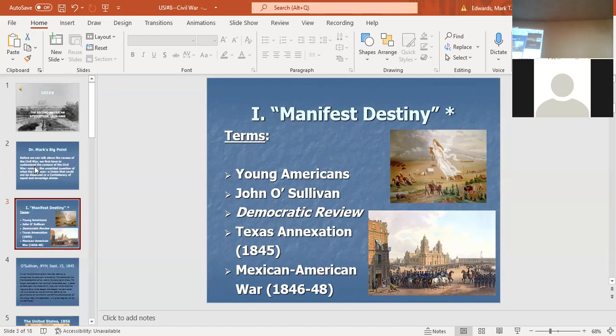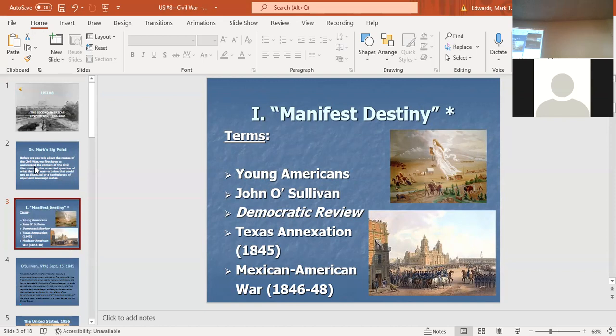The guy who coins that term, John O'Sullivan, was part of a group of reformers known as the Young Americans. It's ultimately in 1845 in his magazine, The Democratic Review, where he uses the term manifest destiny for the first time. It's interesting that the term is coined as late as 1845. Manifest destiny is largely complete by that point.